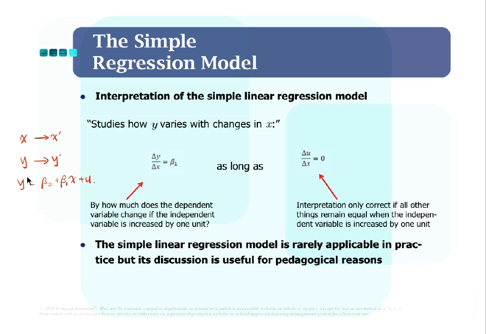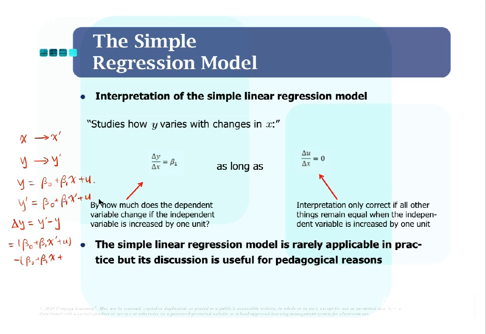After this change occurs, we have y prime equal to beta 0 plus beta 1 x prime plus u. Suppose u is not changing, it holds constant. Then we have delta y, which means the change in y, equals y prime minus y, which equals beta 0 plus beta 1 x prime plus u minus beta 0 plus beta 1 x plus u.